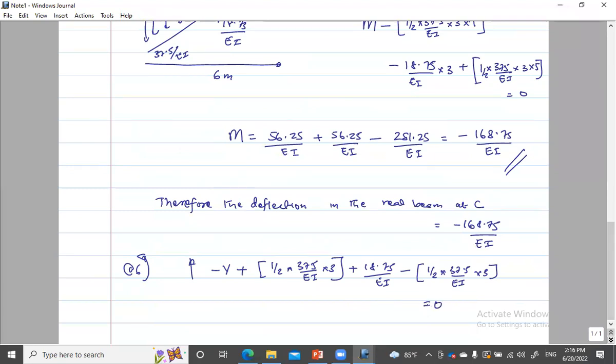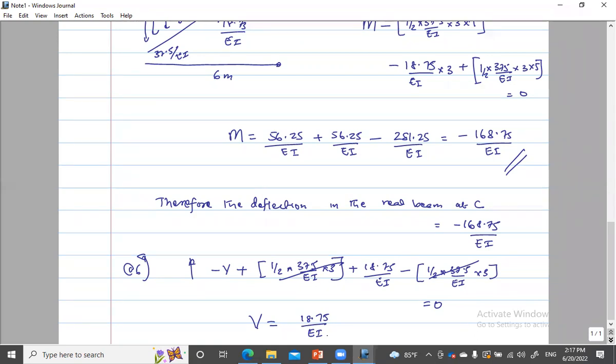That is equal to 0. So V is equal to, now, this will cancel off. Same value. So it is 18.75 over EI.